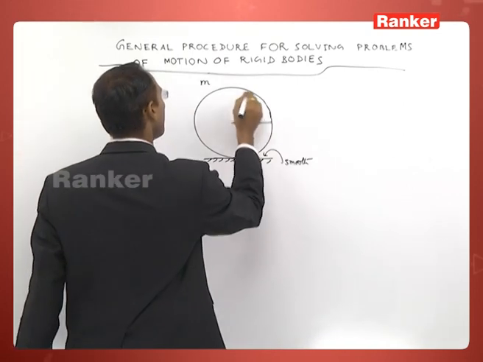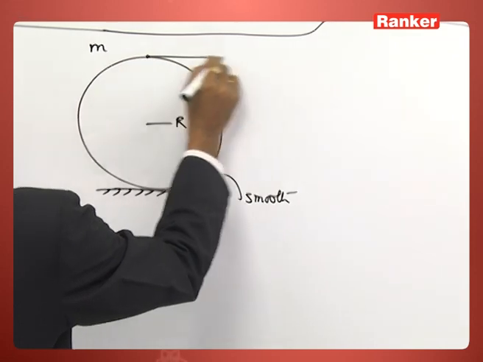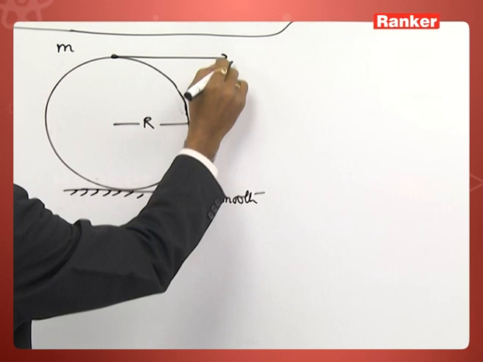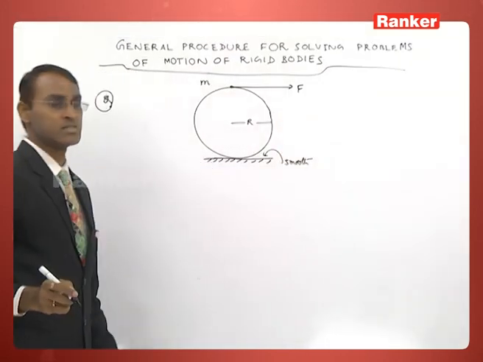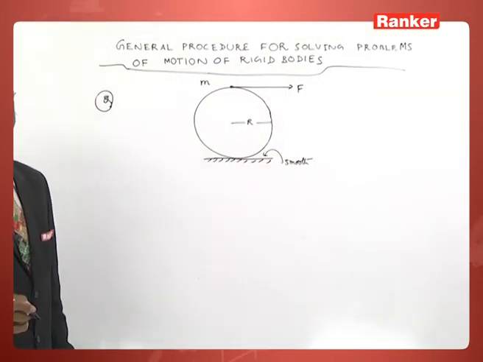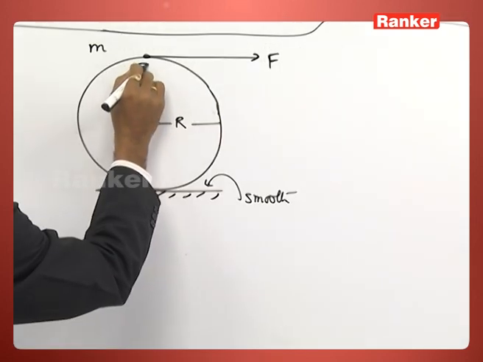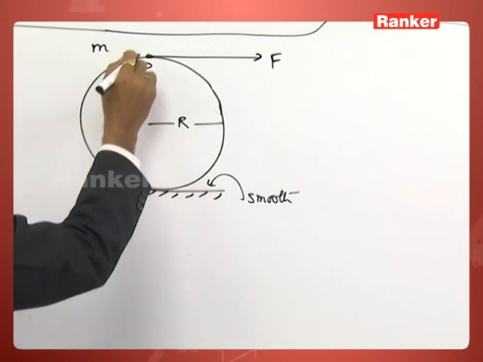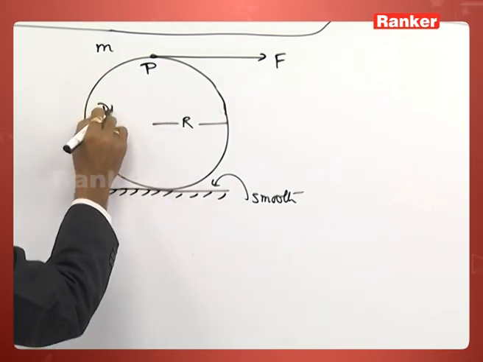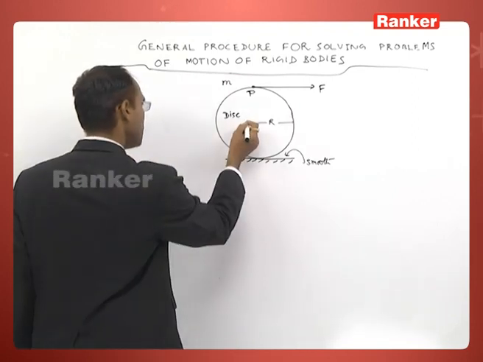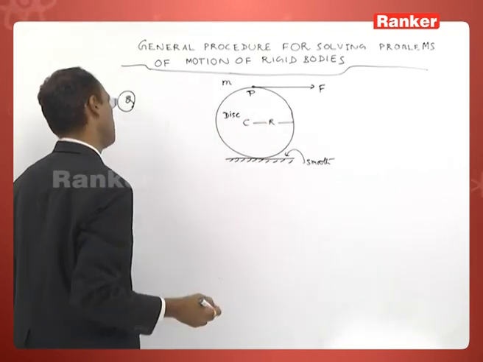And a force is acting horizontally whose magnitude is equal to F at the topmost point of the disk, whose center is C.